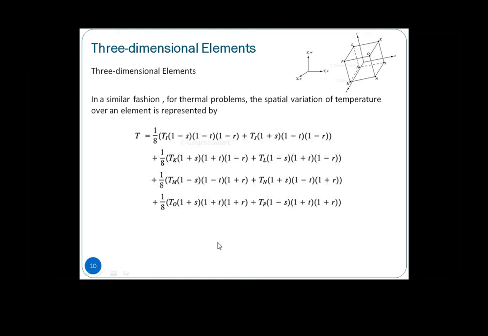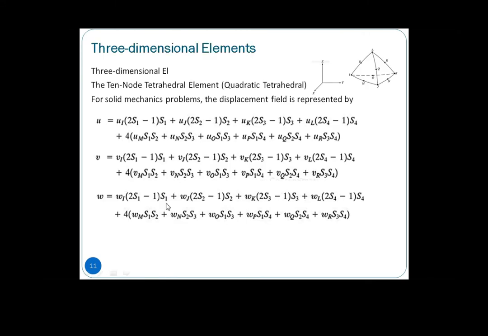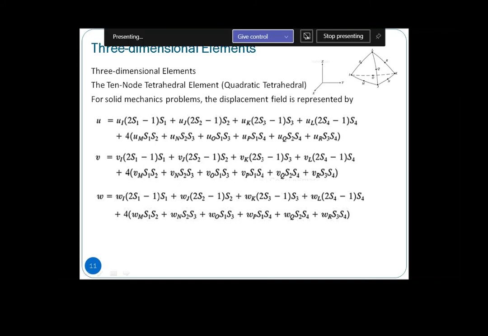If you have temperature over an element, you have a total of 8 shape functions also. Next is the 10-node tetrahedral element, the quadratic tetrahedral, so you have a total of 10 shape functions, which relate to the nodal displacement field.